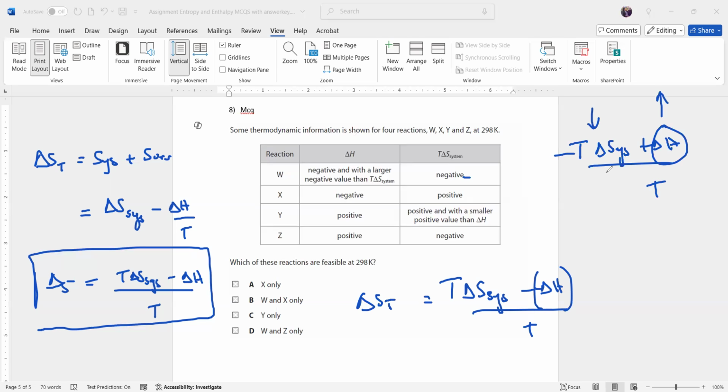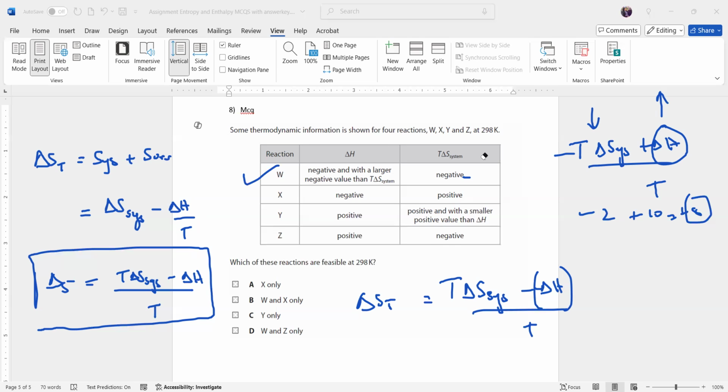If I say this is -2 and this is +10, then -2 plus 10 will give us +8. So I'll get a positive answer. So W is feasible.